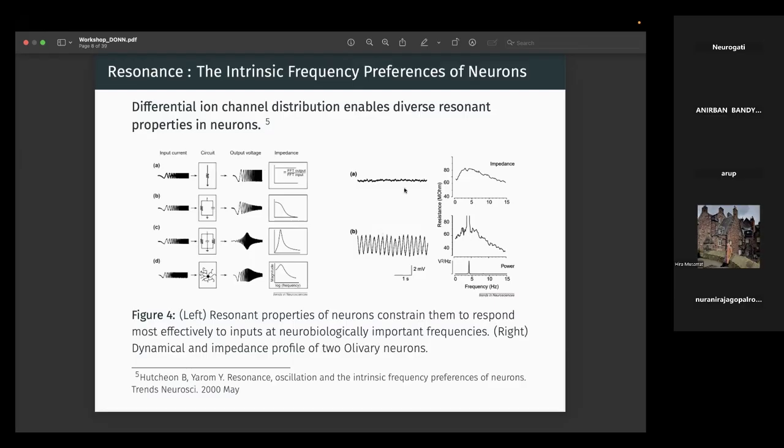But they have the same resonance profile. Both of them, even though one is oscillating and the other is not, prefer around 4 Hz frequency. They have the highest response, the highest amplitude, there. So even at the individual neuron level, there is a preference for frequencies.